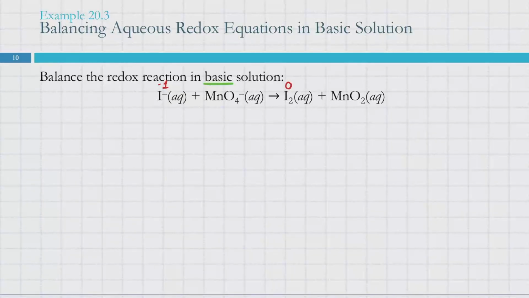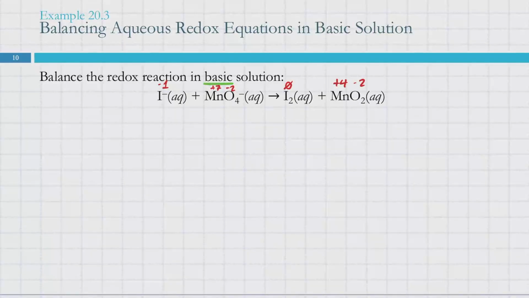For our I2, we've got a 0. We looked at permanganate earlier, so I'm just going to give those the +7 and the -2 that they get. And then for our MnO2, our oxygen is going to have a -2. Our manganese is then going to have a +4.